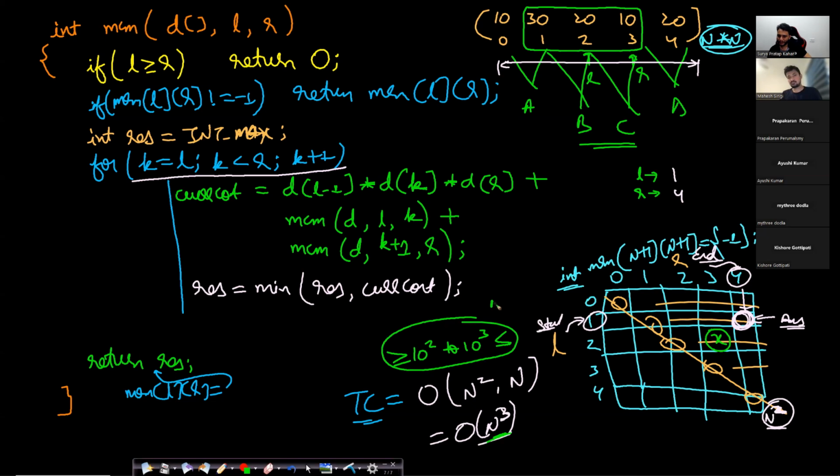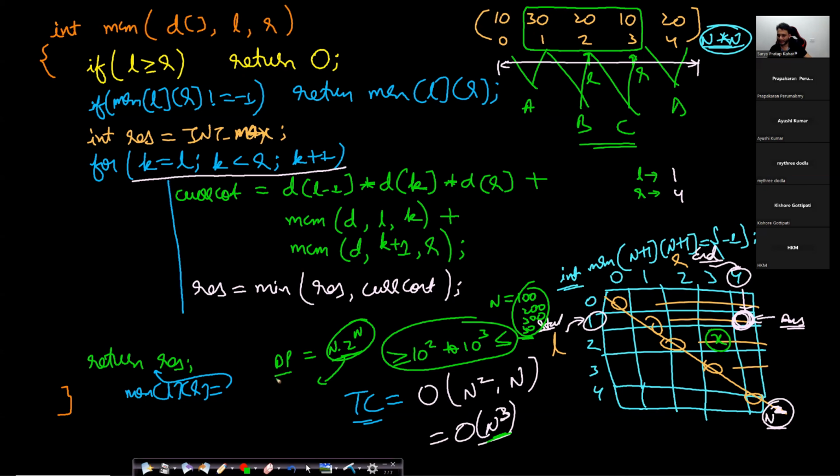Generally in MCM problems, you get n equal to 100 or 200 or 300 or 50, but not below 50 and not greater than 500. If you go to DP bit masking, its time complexity is generally n into 2 to the power of n, and this has a constraint of less than 20 or less than 15.